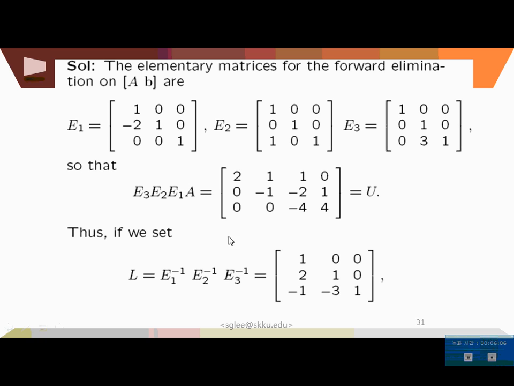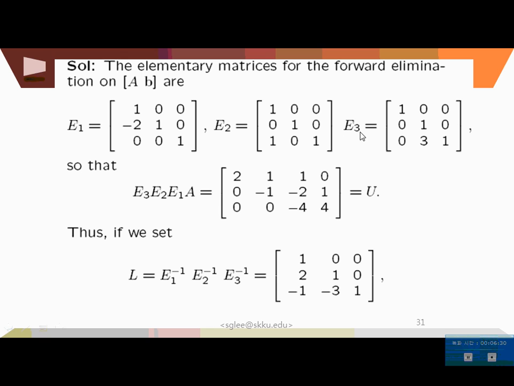This example shows how the algorithm works. If the elementary row operations are taken, then elementary matrices can be found to be multiplied on the left like this. When you multiply the elementary matrices, we will have the upper triangular matrix like this.